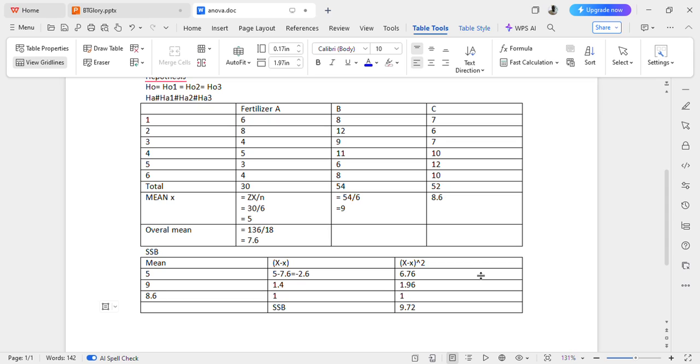Wow. So the sum of squares between is 9.72. Right, we move to the next one.